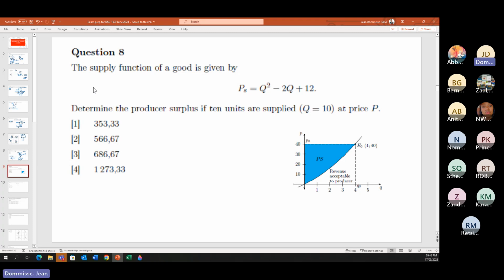They tell us the supply function of a good is given by that. So it's a quadratic equation, and then they ask us to determine the producer surplus if 10 units are supplied, at Q equal to 10.